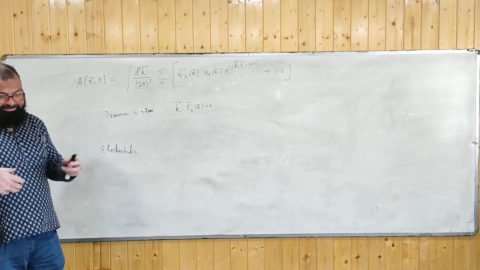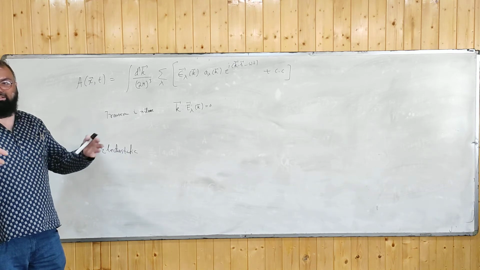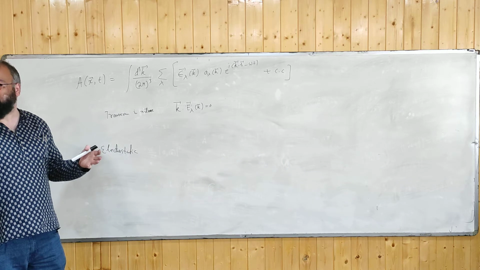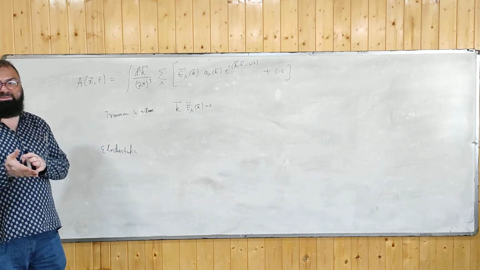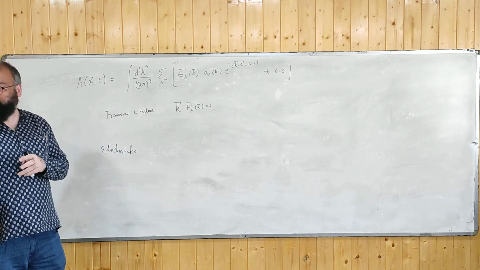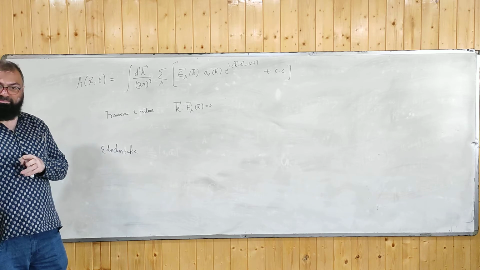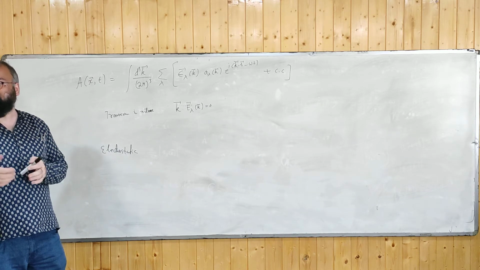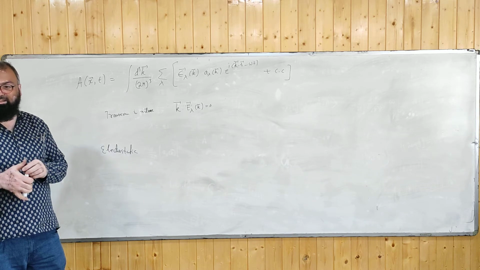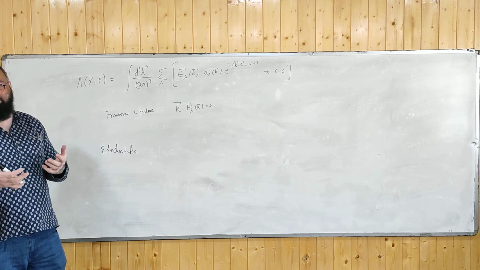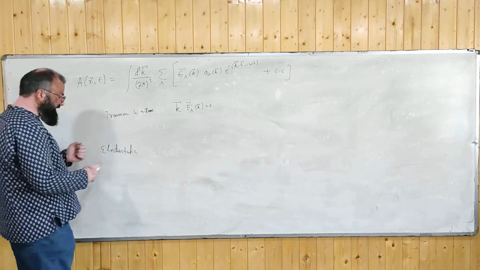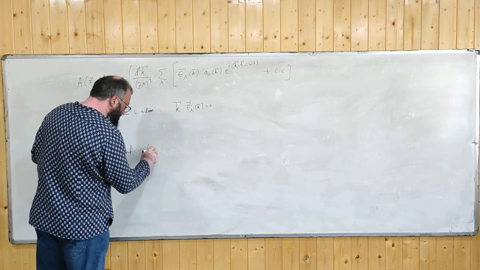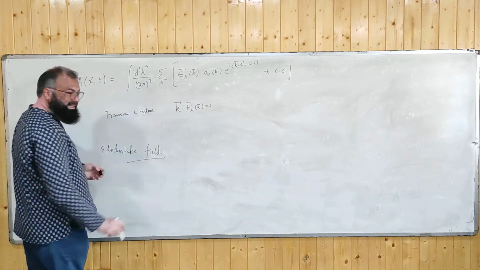You can think of the electric lines of force radially coming outwards, so the direction of the electric field and the direction of propagation are along the same direction. In that way you call it a longitudinal wave.